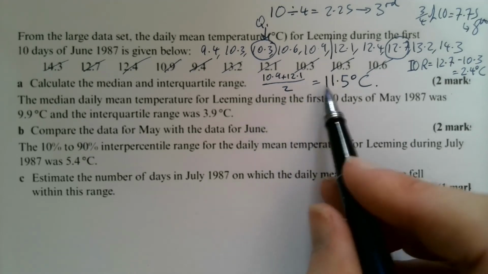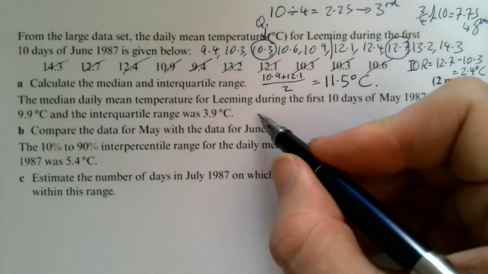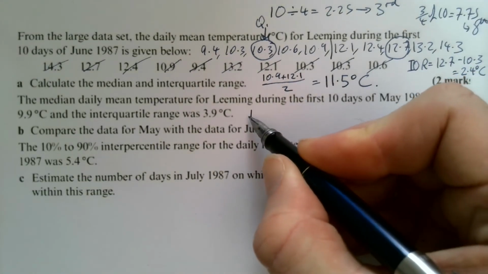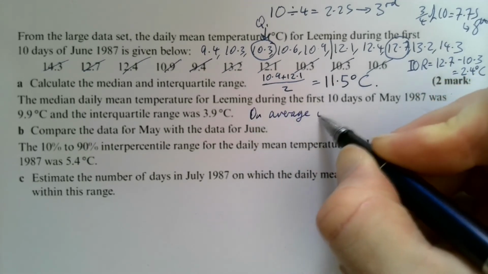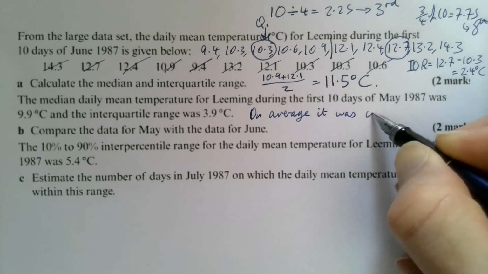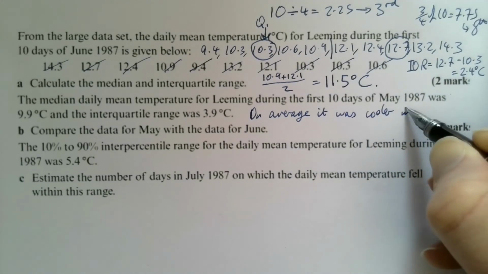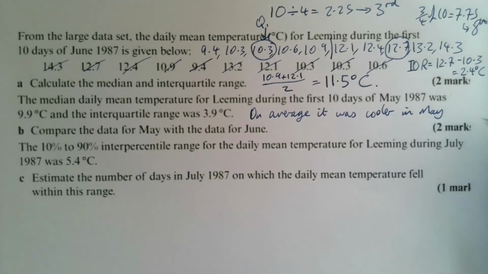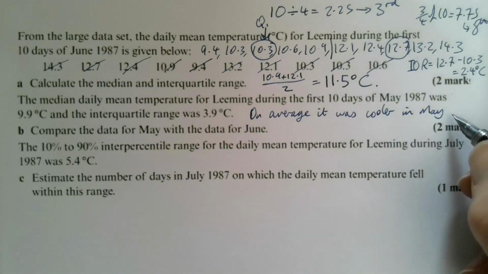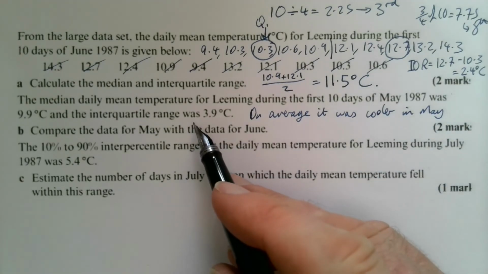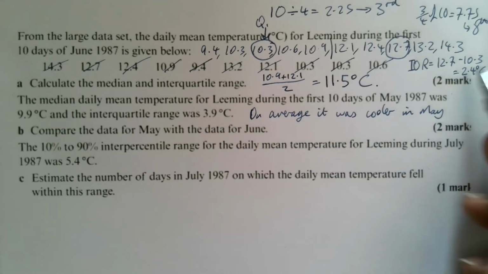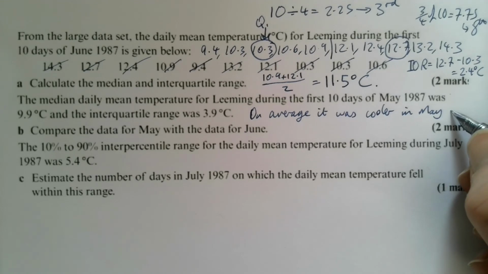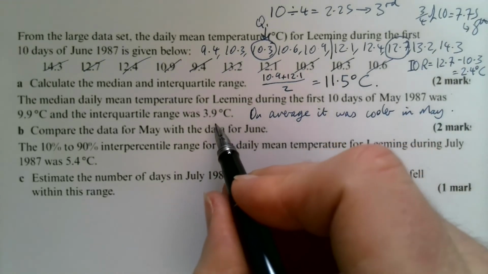So all we've got to say is that on average it was cooler in May, or you could say warmer in June. And what about the interquartile range is 3.9, but the range is more, isn't it?